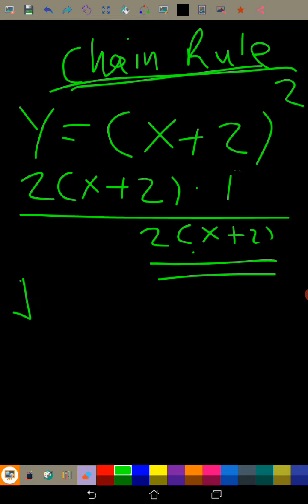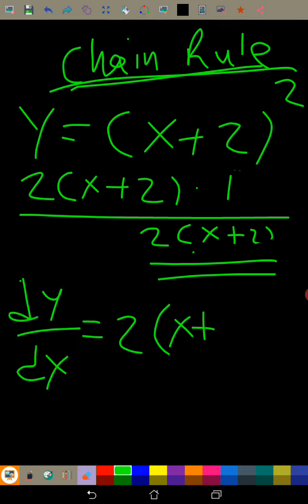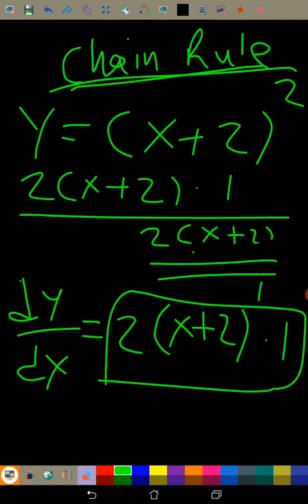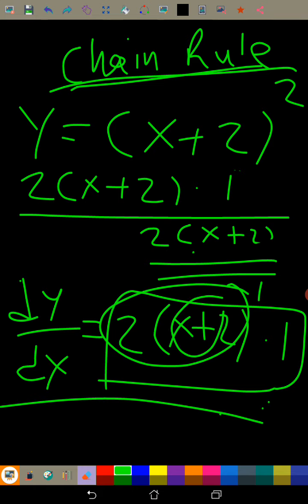But I did it just straightforward. 2x plus 2, 1 times 1. I just differentiate the first function, and then times what's inside. But this is the chain rule.